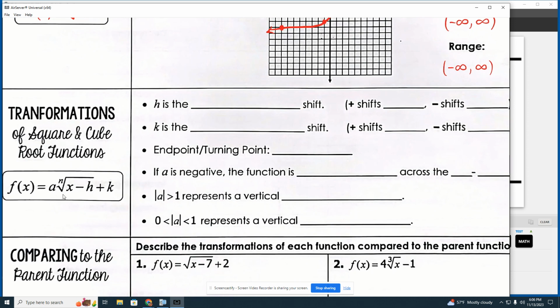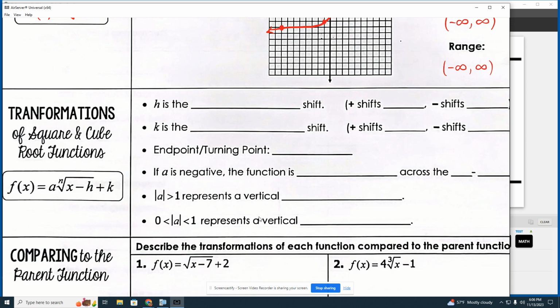When we deal with a square or cube root function, that value on the outside, that thing that you're multiplying by on the outside, will tell you the two things that we've needed to know for a while. One, if A is negative, then that function is going to vertically reflect.